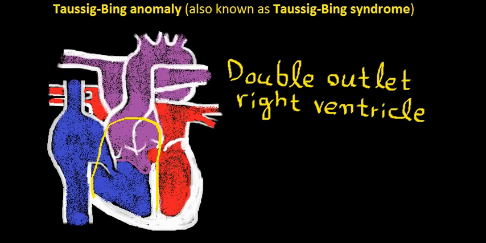You can see it's called like this because from the same ventricle originate the pulmonary artery and the aorta.